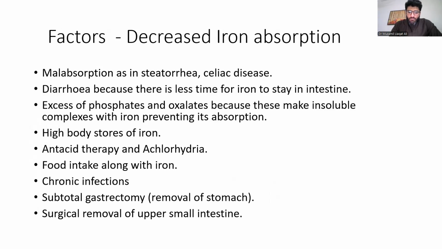Next is high body stores of iron, which downregulate absorption. The rest of the factors that decrease absorption are antacid therapy and achlorhydria, food intake along with iron, chronic infections, subtotal gastrectomy, and surgical removal of the upper small intestine, which removes the primary site of iron absorption.